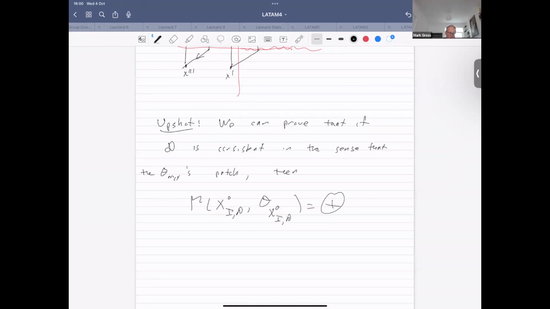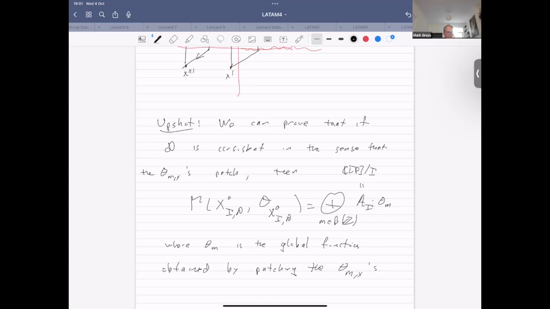It's actually equal to the direct sum over all m in B of Z, A_I, that was the ground ring, the monoid ring C[P] mod I, times one of these theta functions, theta m, where theta m is the global function obtained by patching the theta m local pieces.